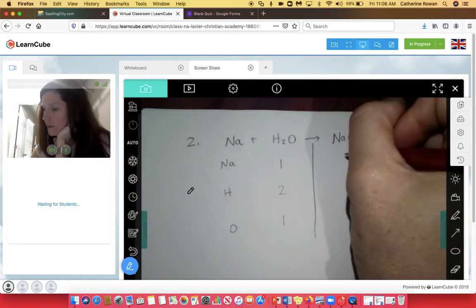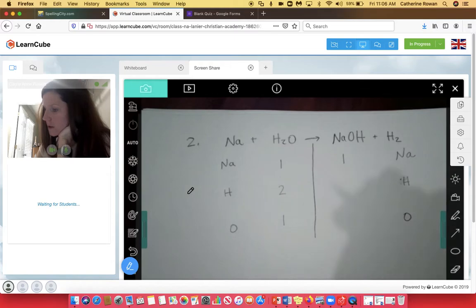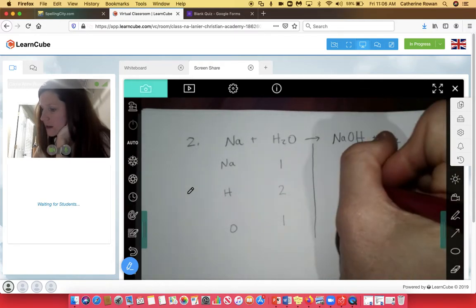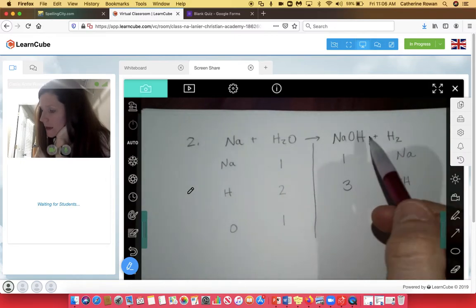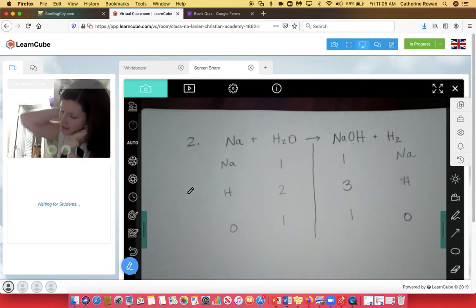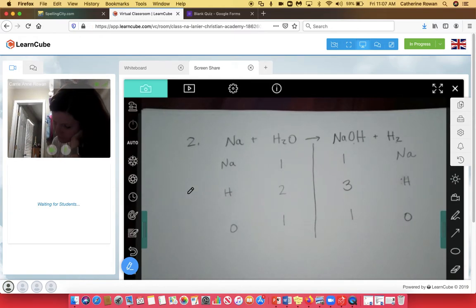And over here we have 1 atom of sodium, 1, 2, 3 atoms of hydrogen, and 1 atom of oxygen. These equations are kind of like a puzzle where you have to decide where you're going to put a new coefficient.